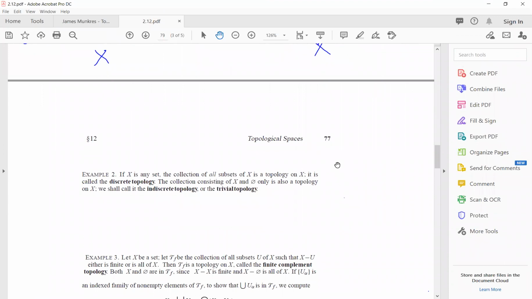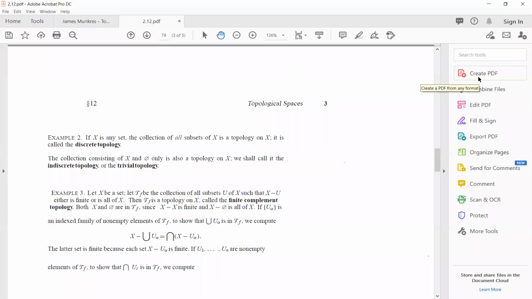Example: if X is any set, the collection of all subsets of X is a topology on X, and we call it a discrete topology. So a discrete topology is a topology including all of the subsets of X. If you remember, the power set of X is a topology on X, and we call it a discrete topology.